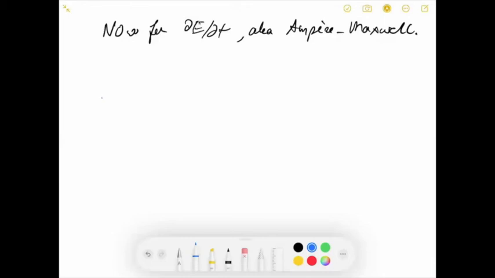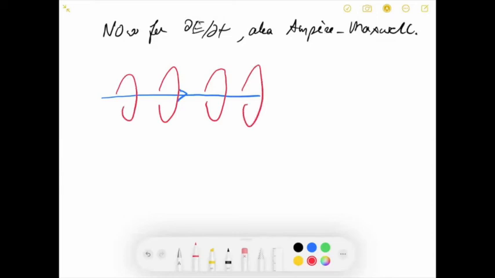So let's say I have some kind of a wire, and there's a current that runs through this wire, and as a result, there's a magnetic field that is induced, and Ampere's law says that it has to go this way. And of course, these are not the only field lines. There's also lines that go bigger.